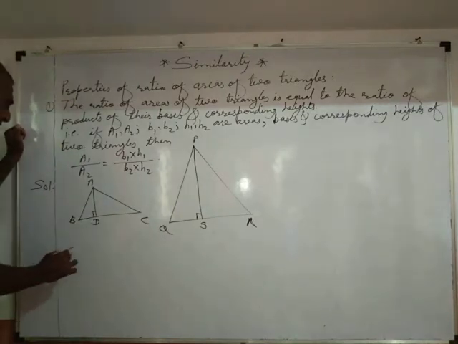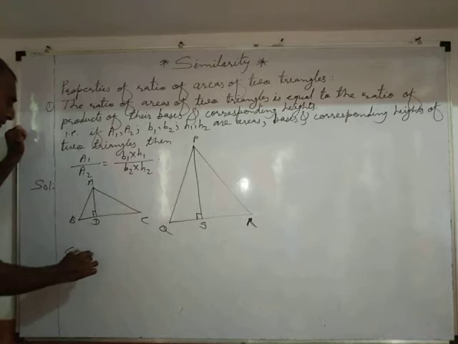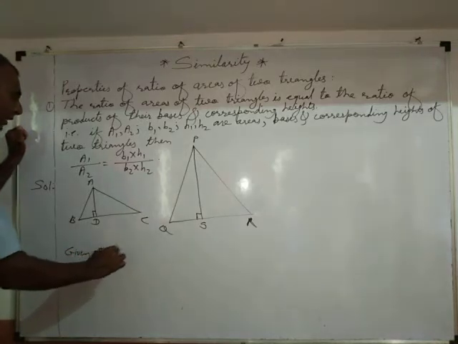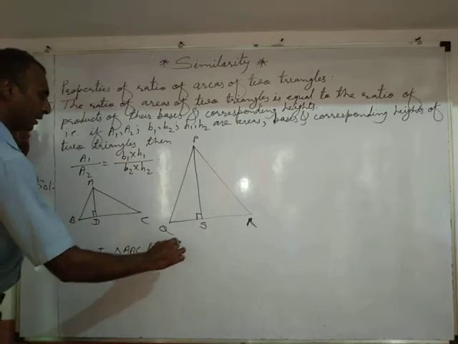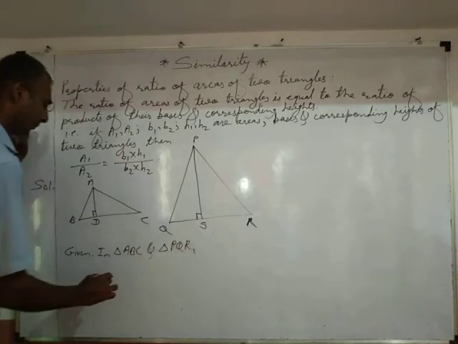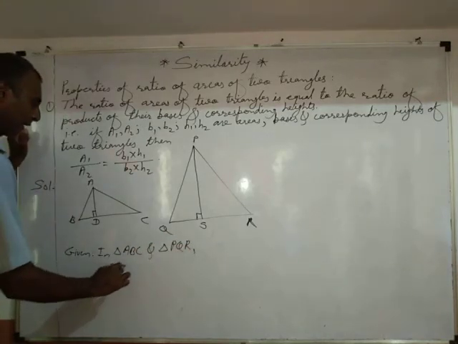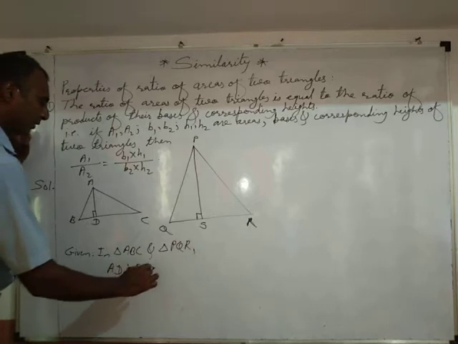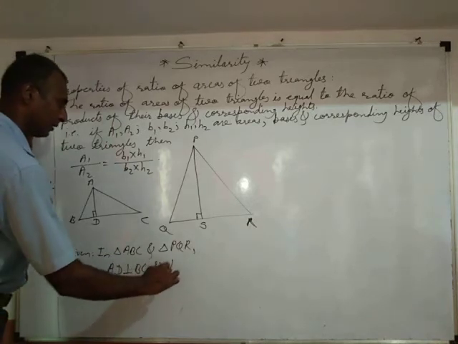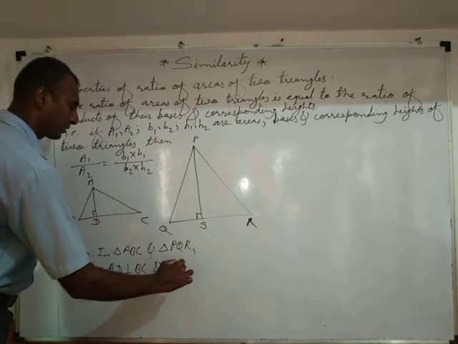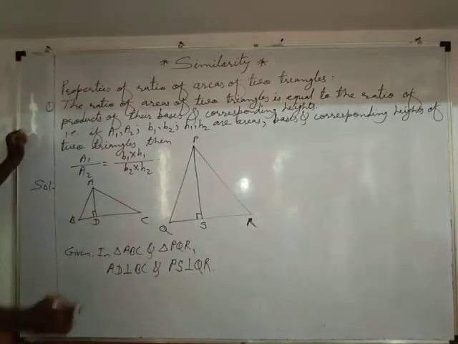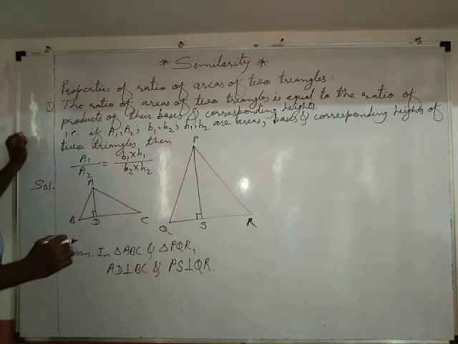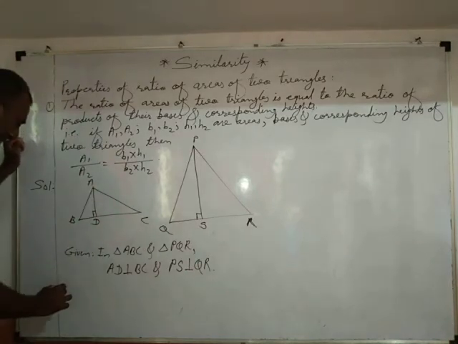Let's mention these things in given. Given in triangle ABC and triangle PQR, AD perpendicular BC and PS perpendicular QR.